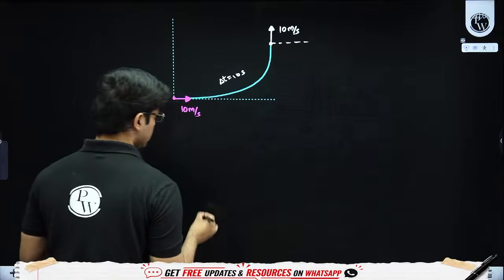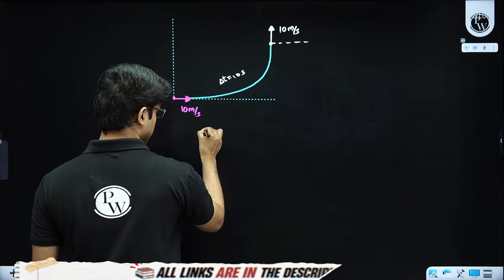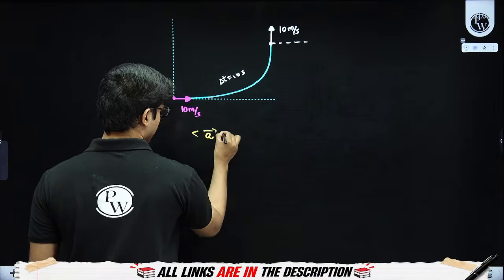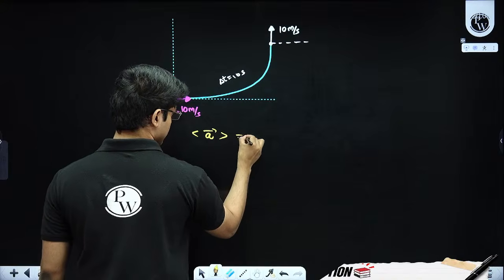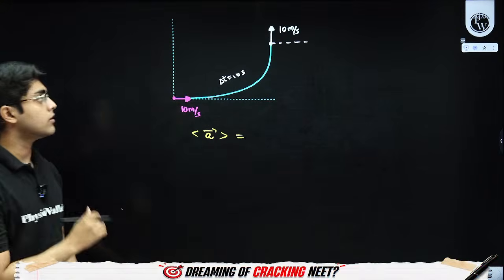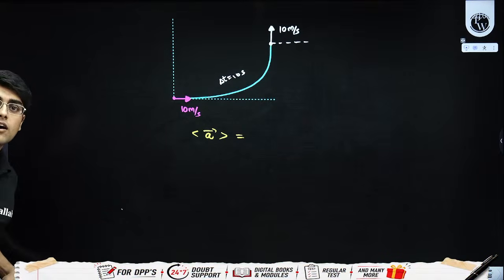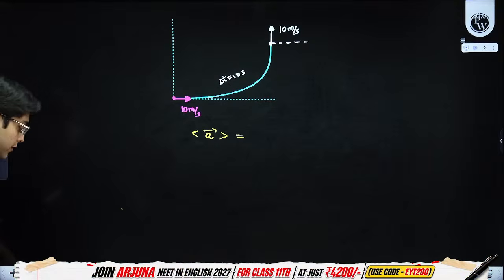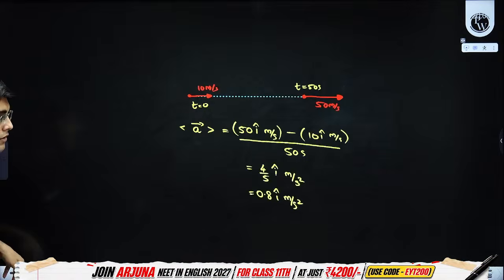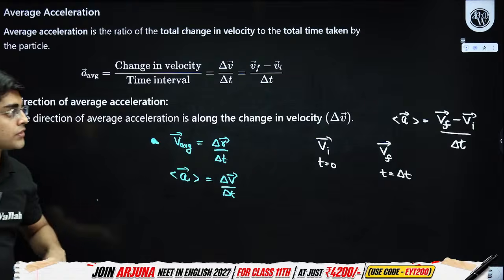So here, tell me guys, what is the average acceleration in this journey? You guys tell me, try this out. No, Arjun, it is not possible without vectors, because the definition itself is a vector, right?